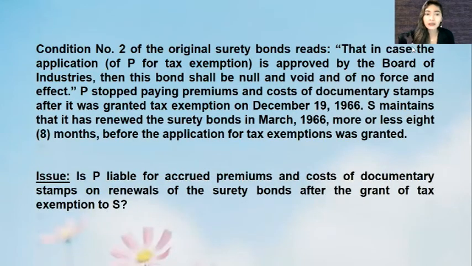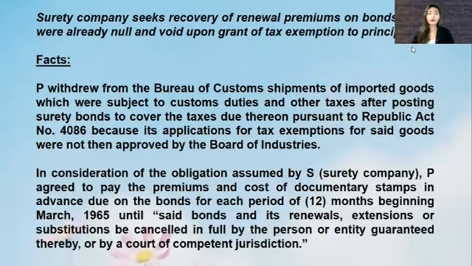P withdrew from the Bureau of Customs shipments of imported goods which were subject to customs duties and other taxes, after posting surety bonds to cover the taxes due thereon pursuant to Republic Act number 4086, because its applications for tax exemptions for said goods were not then approved by the Board of Industries.